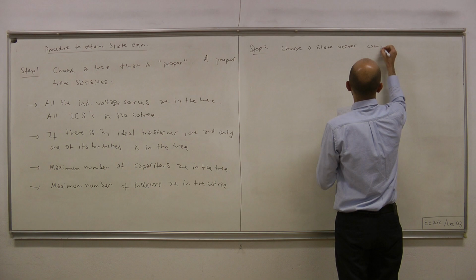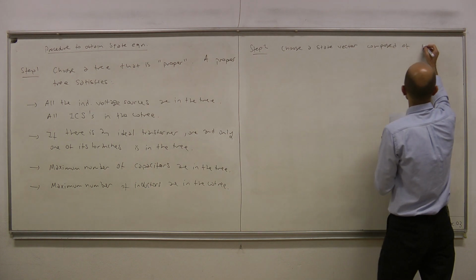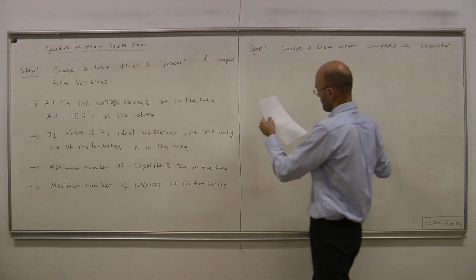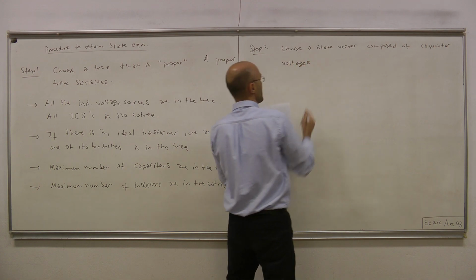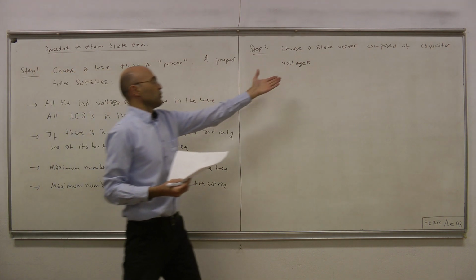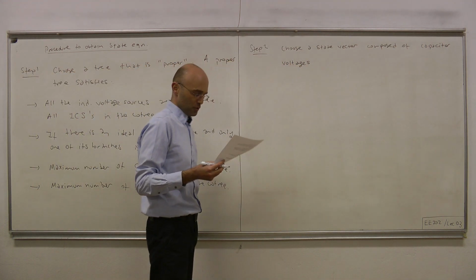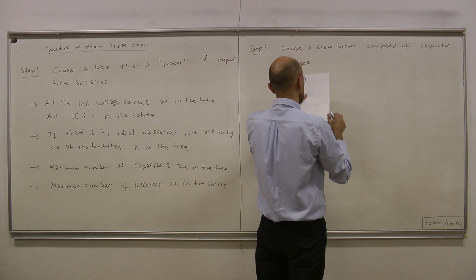composed of capacitor voltages and inductor currents. But those capacitor voltages and inductor currents must be such that the capacitor voltages must belong to capacitors that belong to the proper tree, and the dual case holds for the inductors.